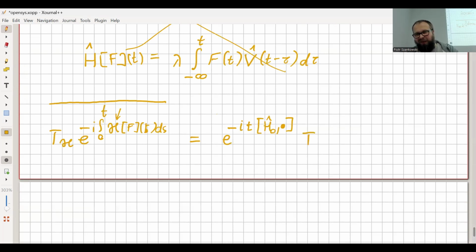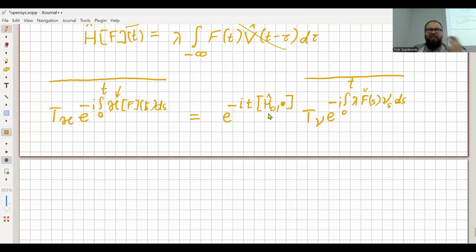And we'll be left with, let me write it like this, lambda F(s) and the super operator V in interaction picture. And the average touches only this part, because H0 doesn't depend on the stochastic process. So from the point of view of averaging, it's just constant. You can just put it outside the sign of averaging.